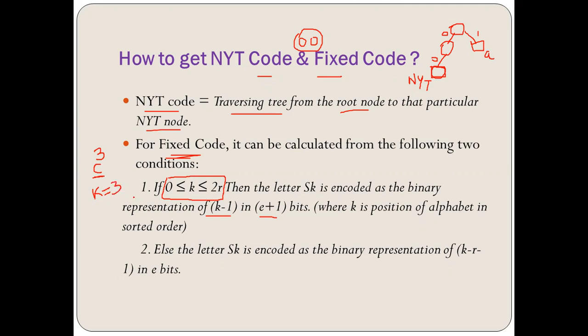So I'm going to check the condition for K, that is, for 3. If 3 falls between or equal to the lower bound 0 and upper bound 2R, then I encode this C as the binary representation of K minus 1 in E plus 1 bits. K I already know, 3. And what is E? If you remember earlier, we found two values: the value of E is equal to 4, and the value of R is equal to 10.